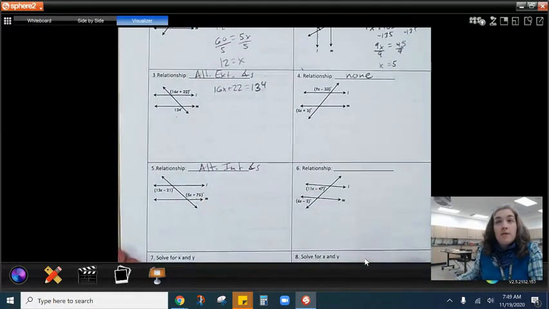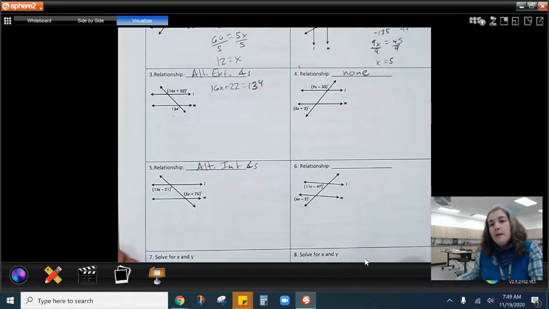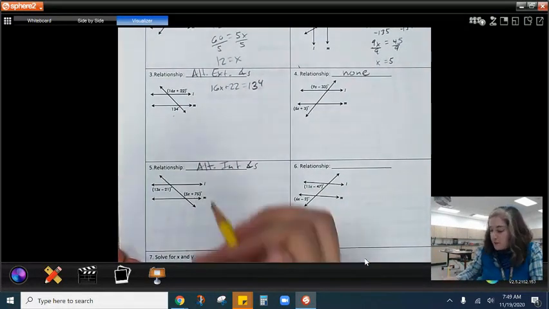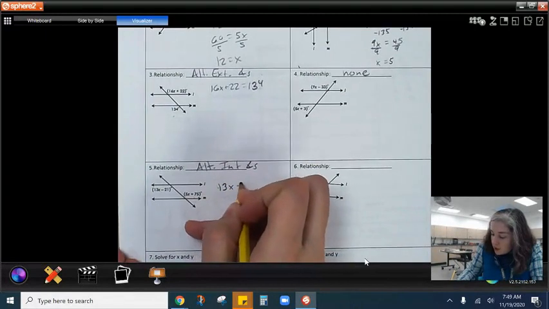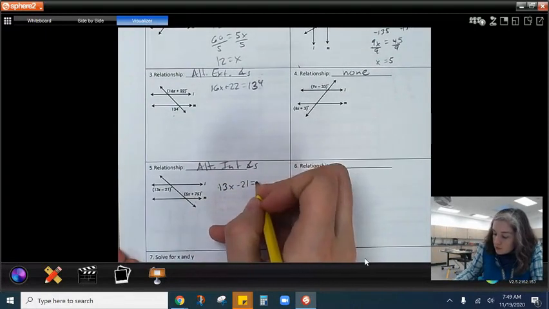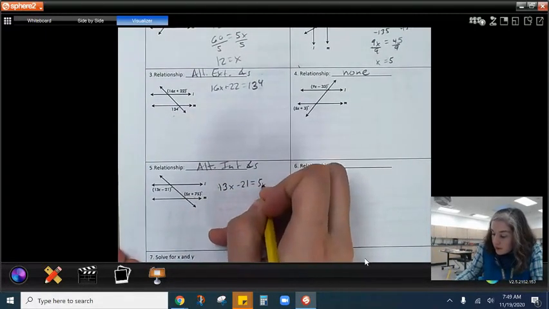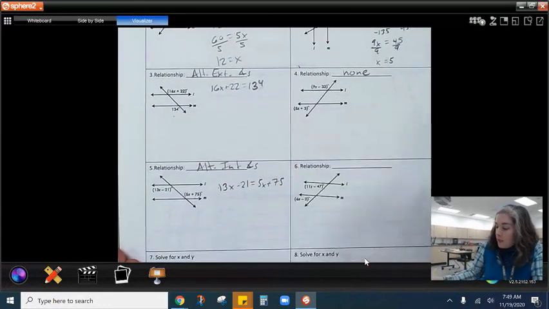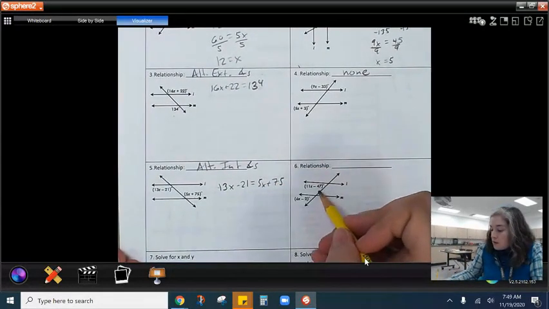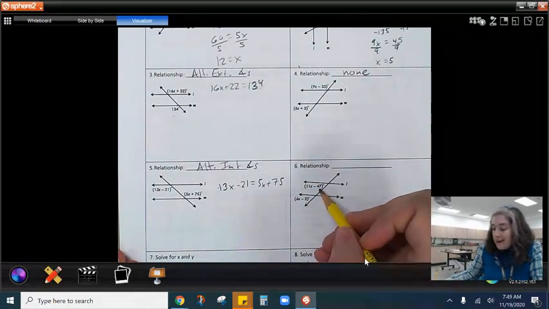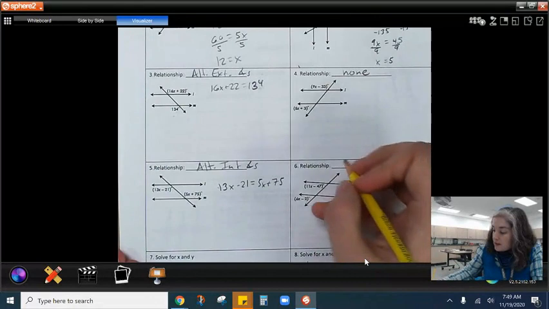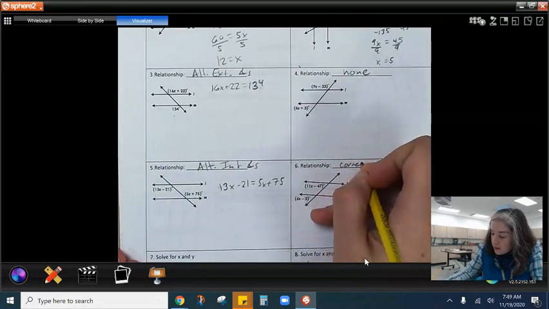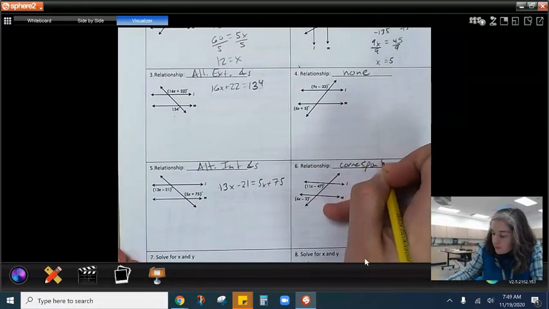I'm using my shorthand because I'm feeling efficient, not lazy, efficient. So because of that, they are congruent. So I've got 13x minus 21 equals 5x plus 75. For this one right here, this is in the interior. This one's exterior. So I need to look and see if they're corresponding. Yes, they are. They are corresponding. They are the bottom left.